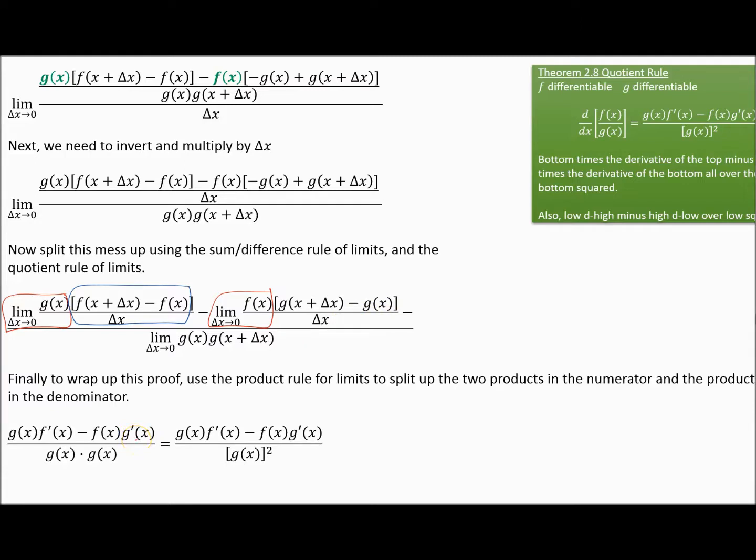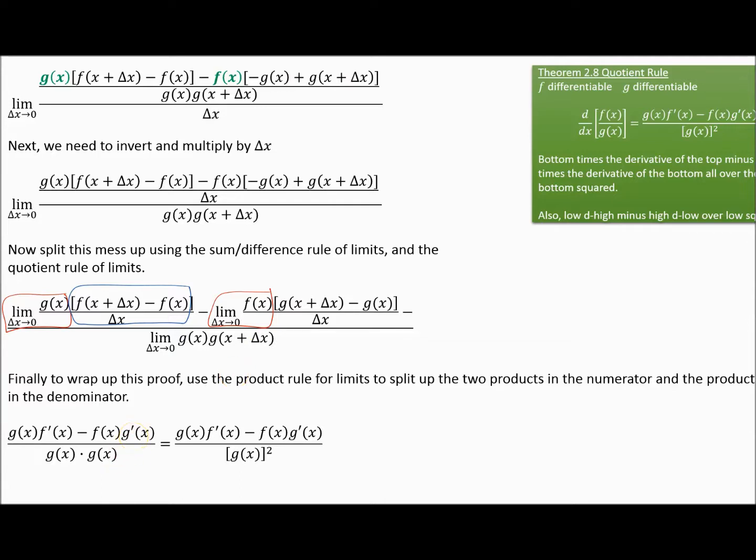Now let's look at the denominator. Okay? I'm splitting that up as two separate limits as well. The limit as delta x goes to 0 of g of x is just this first g of x. Now here's where it gets fun. The limit as delta x goes to 0 of g of x plus delta x is also g of x.